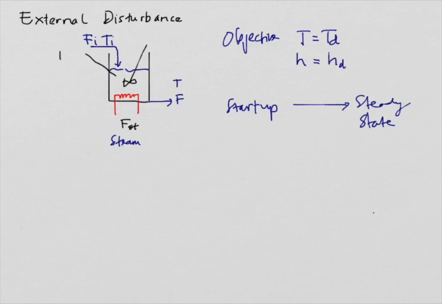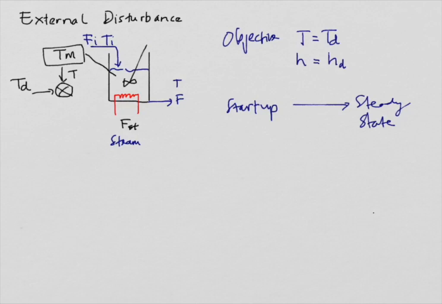We can use a thermometer or thermocouple. From this measurement, we get the value of the temperature of the liquid, and we compare this value to the desired temperature that we set in the controller.